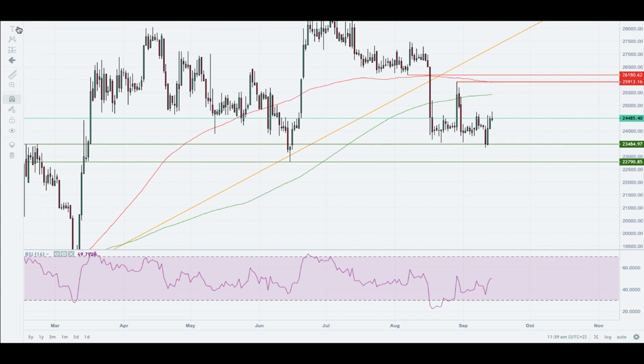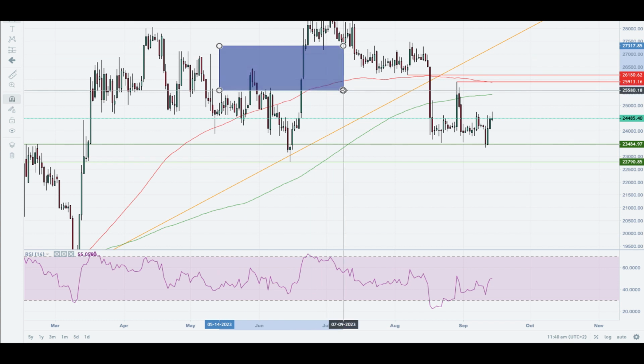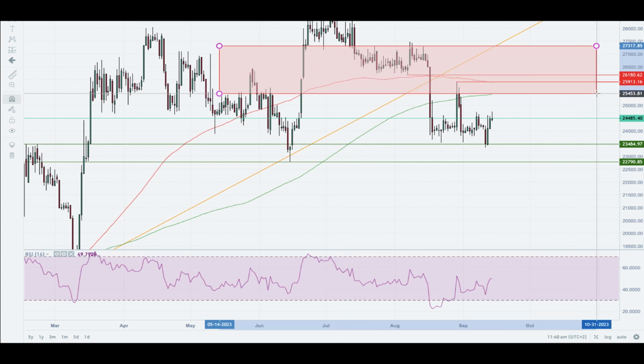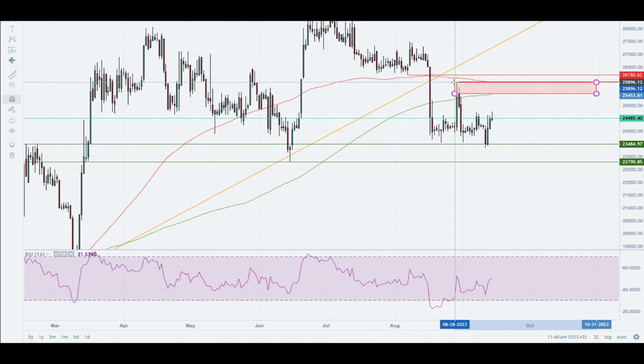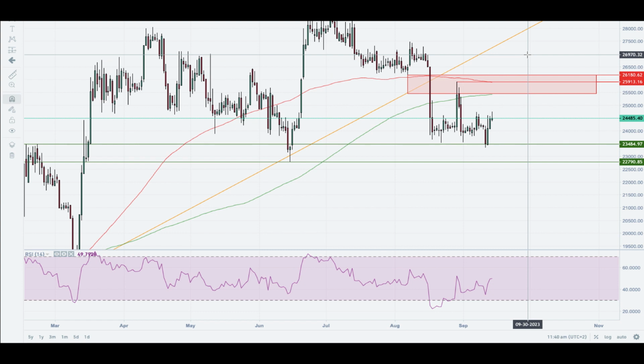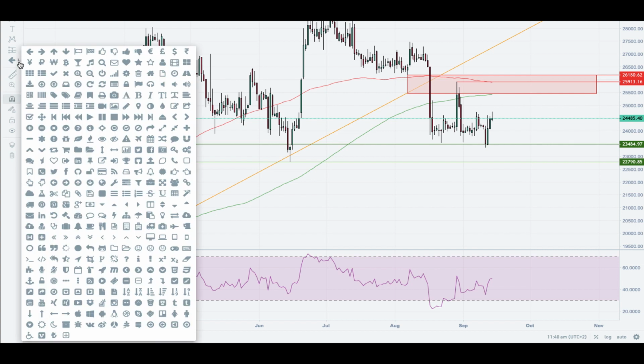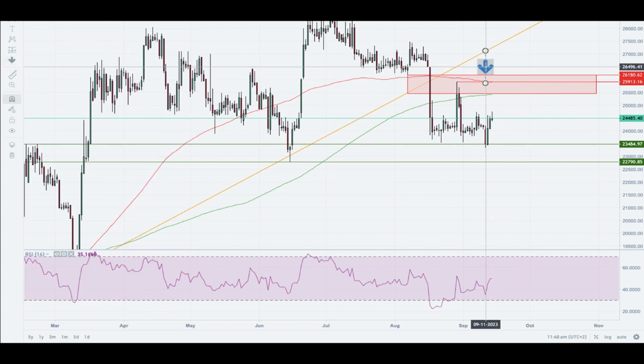And if we add the last thing on our chart, which will be a rectangle, and this rectangle will be all red, you possibly know why it is all red. It's most likely because this rectangle is a supply zone located between the moving averages and the upper resistance line. So this is basically, roughly, the zone that must be violated in order for the Bitcoin to move higher.